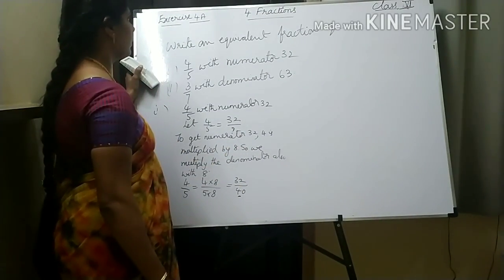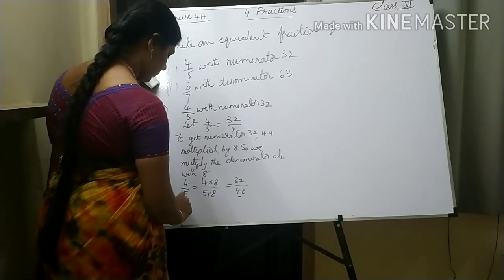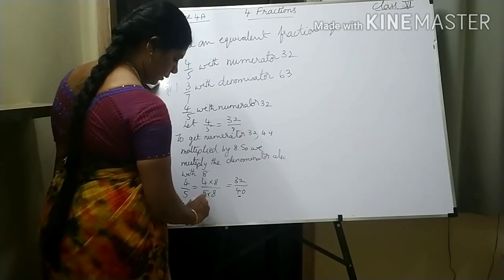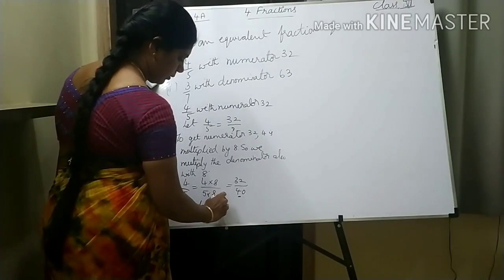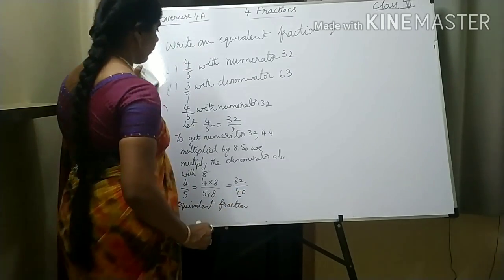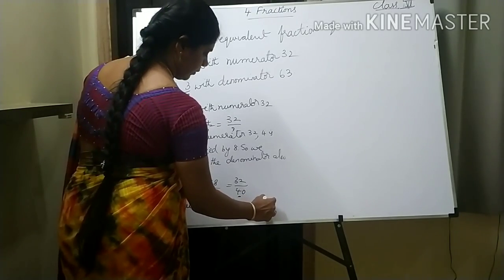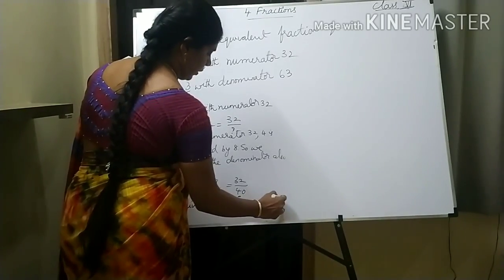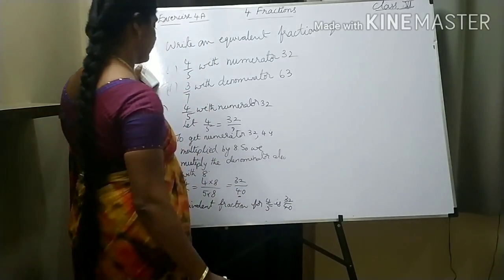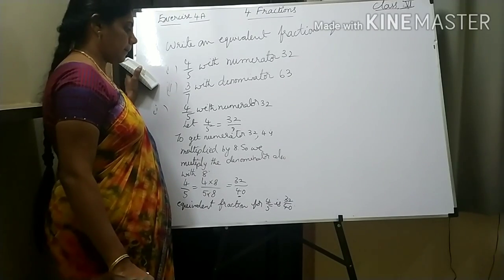So the equivalent fraction for 4 by 5 is 32 by 40.